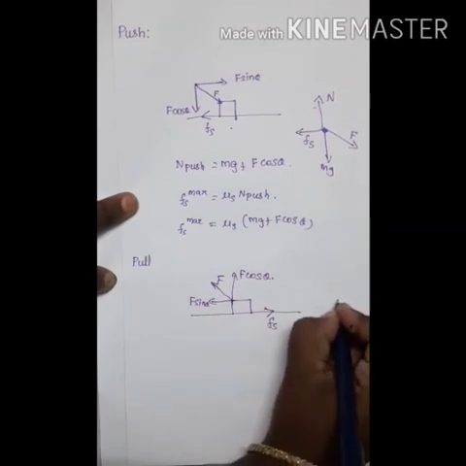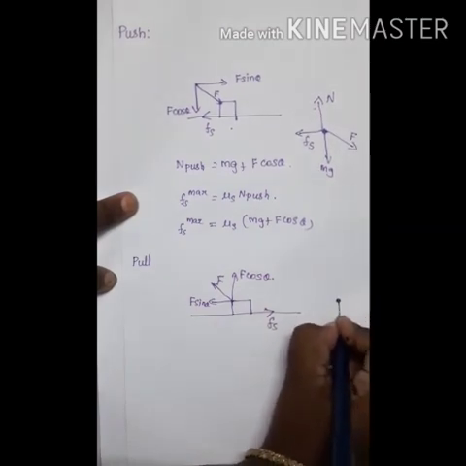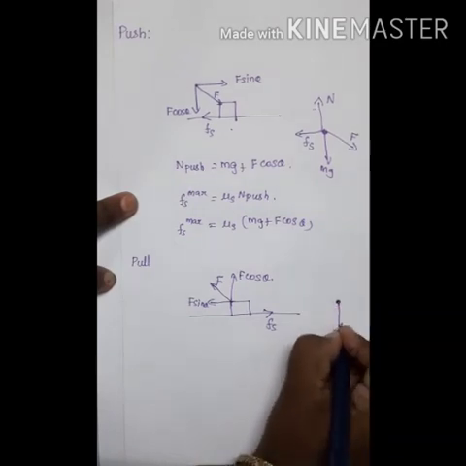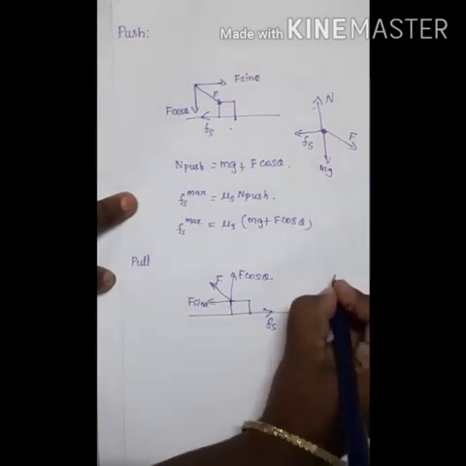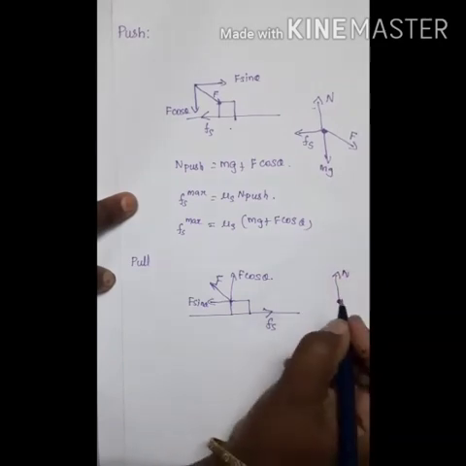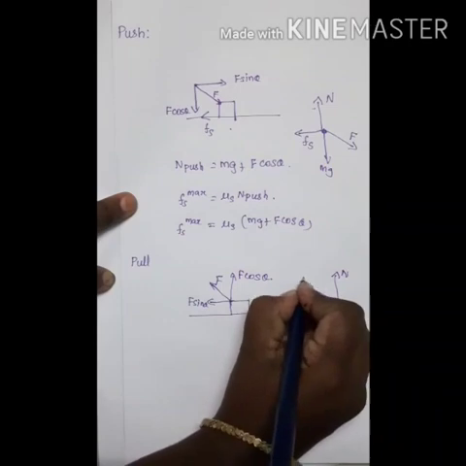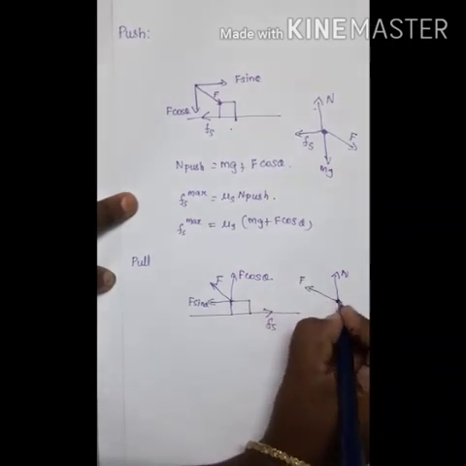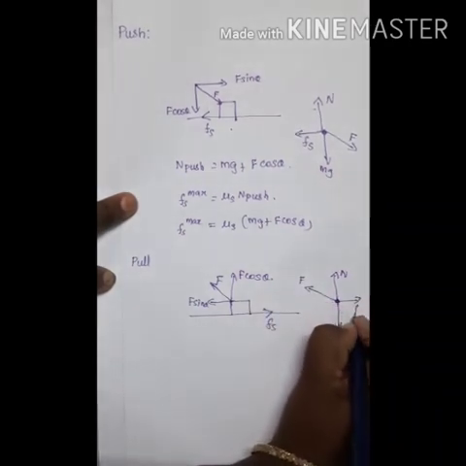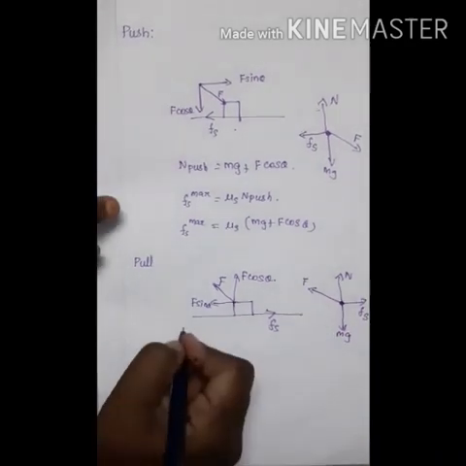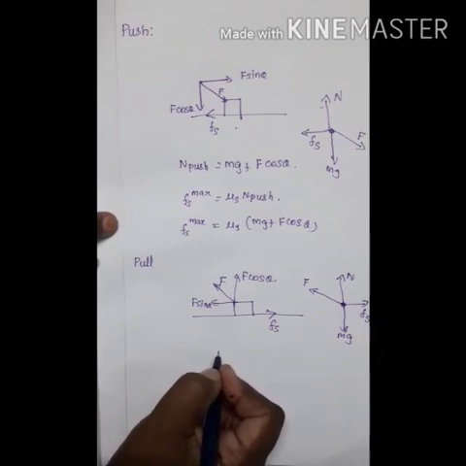In a free body diagram, let us consider an object. The gravitational force acts in the downward direction. The normal force acts in the upward direction. We apply force in this direction. The static frictional force acts in the opposite direction, that is F_s. The normal force on the body decreases.